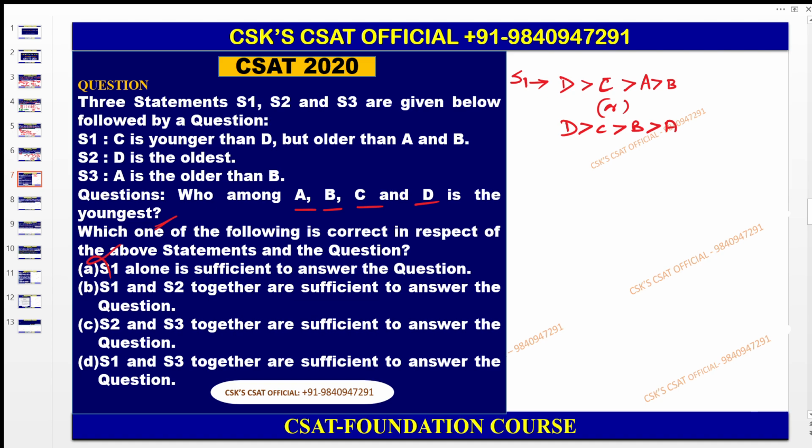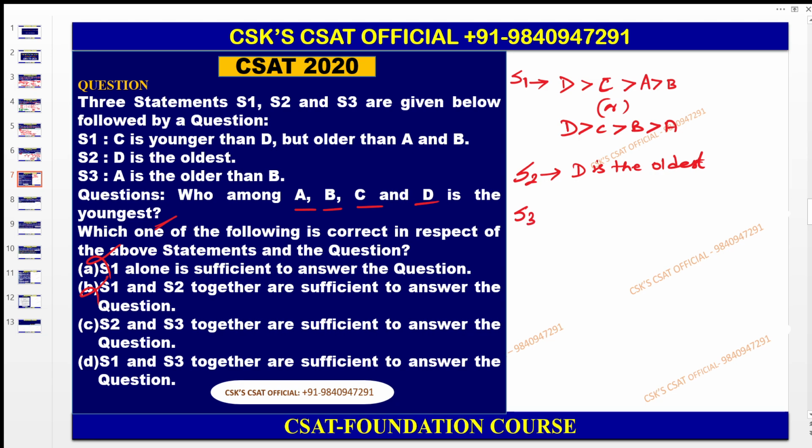Eliminate option A. Now statement number 2, D is the oldest. With this you can't do anything. By combining S1 and S2 also you can't say anything, because D is the oldest, and with statement number 1 itself we can see that. By combining these two also no use. Therefore B also you can eliminate.